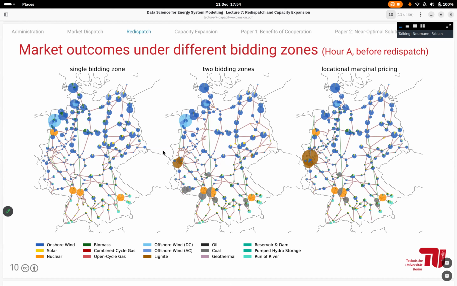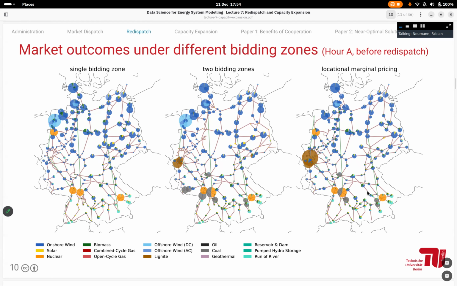And it will see, okay, I actually can't transmit all the wind to the south. So actually in the lower market zone, I need to ramp up some of the fossil generation because I can't bring all the wind down. And then it gets just a little bit more extreme if you can cater for that node by node. And this is the ideal case where all the transmission bottlenecks in the network are known to the market.